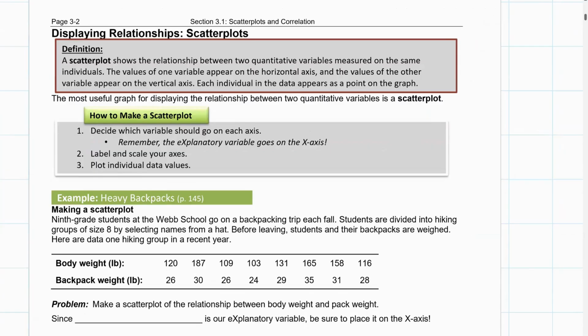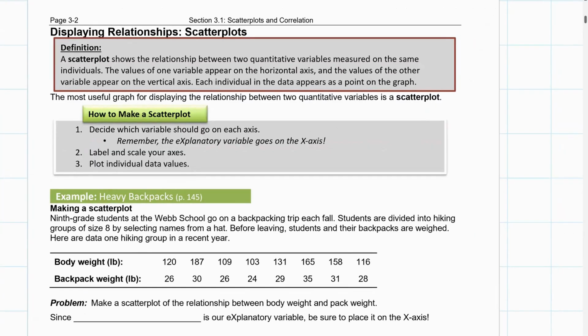So in the next page, how do we find out if there is a relationship, regardless of whether it's an explanatory response relationship or not? The best way to look at that relationship graphically is a scatter plot. A scatter plot shows the relationship between two quantitative variables measured on the same individuals.